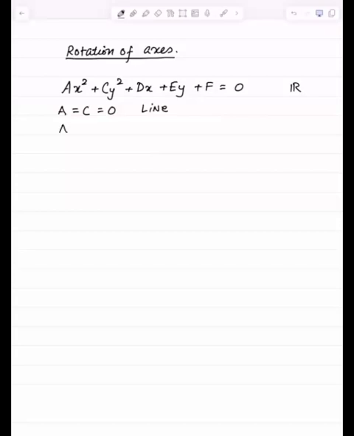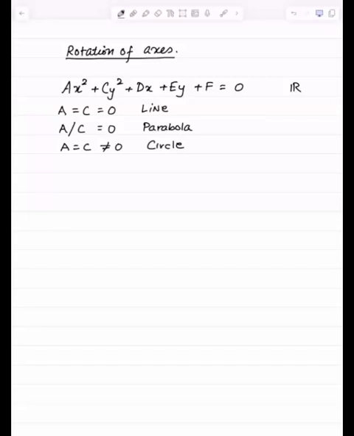On the other hand, if only either a or c is 0, so if a is 0, the x squared is killed off, and we just have the y squared term with the other terms, then we have a parabola, right? And if both are there, but a equals c and neither equals 0, then we have a circle.